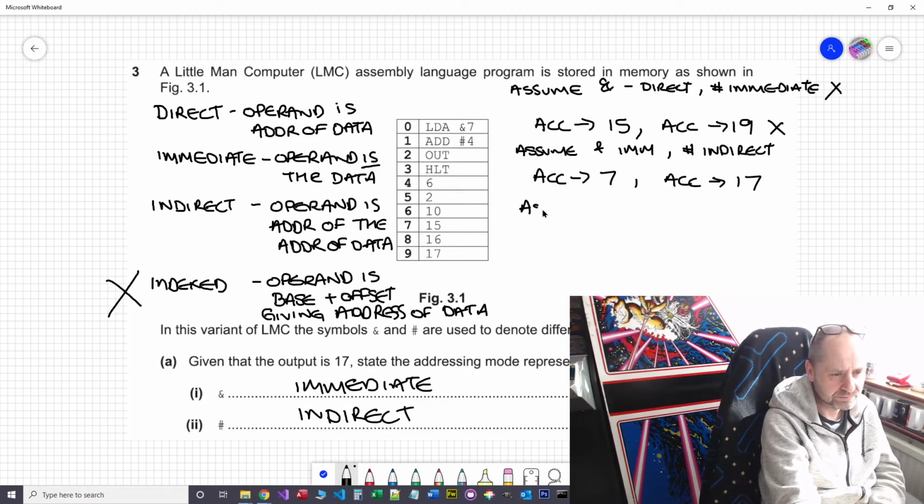And obviously because we've got 3 values that can change, we're going to end up with lots of combinations. So I'm just going to check another couple. So I'm going to assume ampersand is direct again, and let's keep hash as indirect.